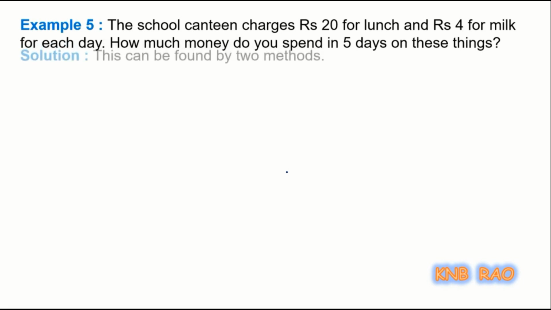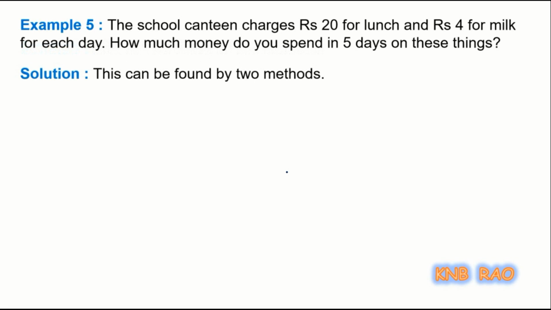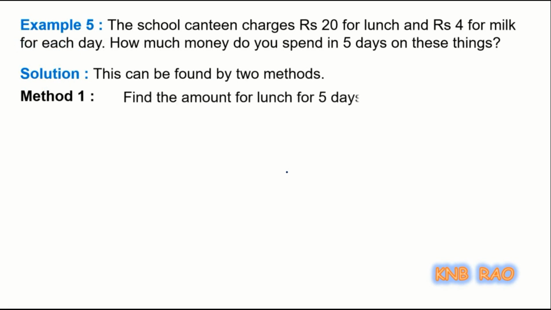While solving, I can have a solution for this in two methods. Let us see the first method. Normally what we do, we find the amount for lunch for 5 days separately, then find the amount for milk for 5 days separately, and at the end we add them, isn't it?